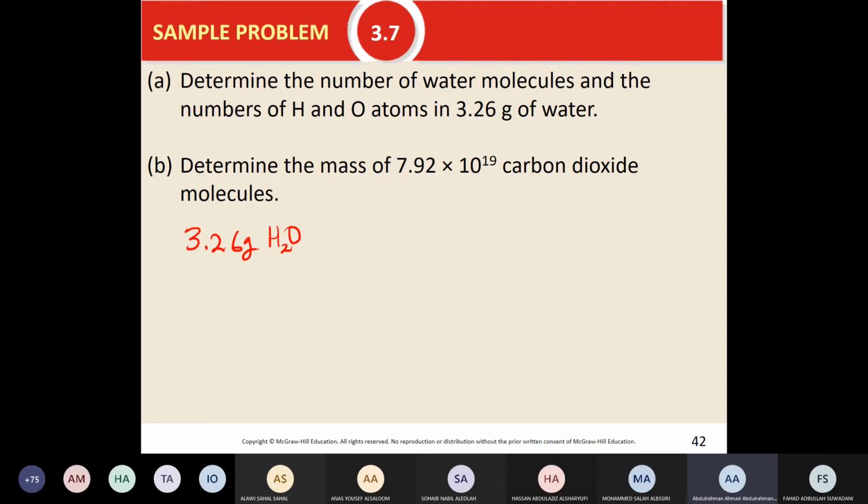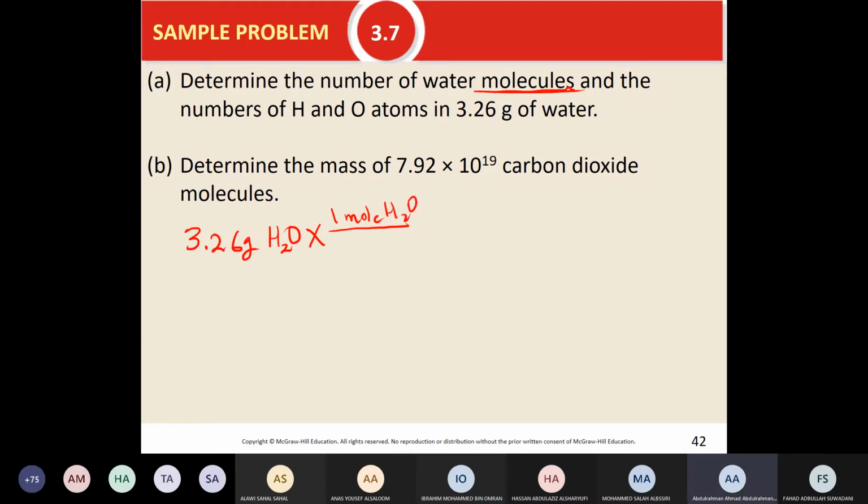I want to know how many molecules of water. How many molecules? Counting. What should you do? Convert to mole first. 1 mole.